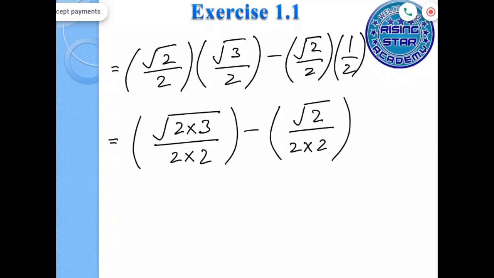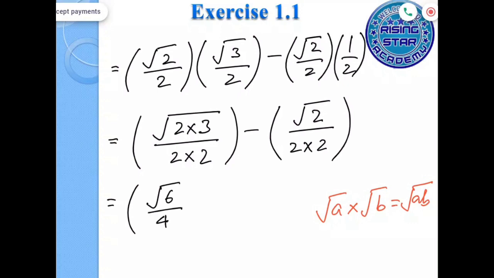When we are talking about the indices, we know that the square root of a multiplied by square root of b is equal to square root of ab. So we can do it. Now I would simplify. So the next result would become square root of 6 divided by 4 minus square root of 2 divided by 4.